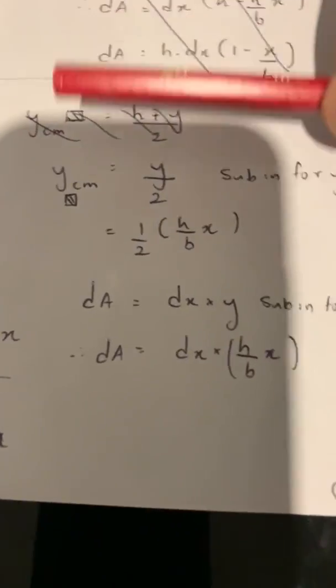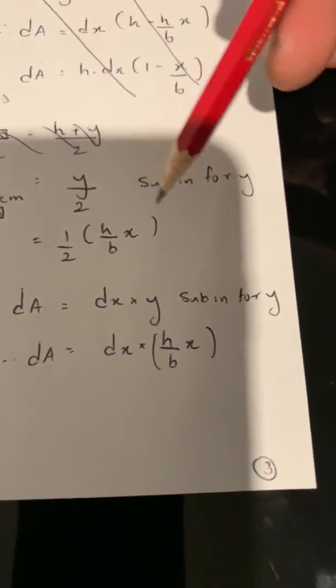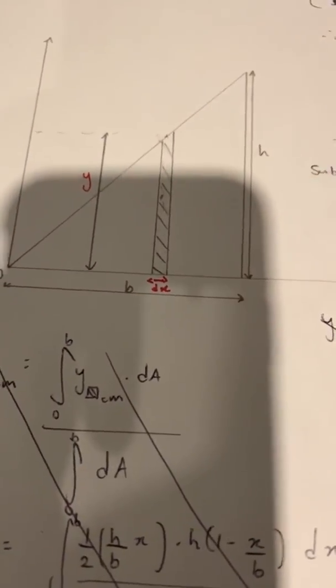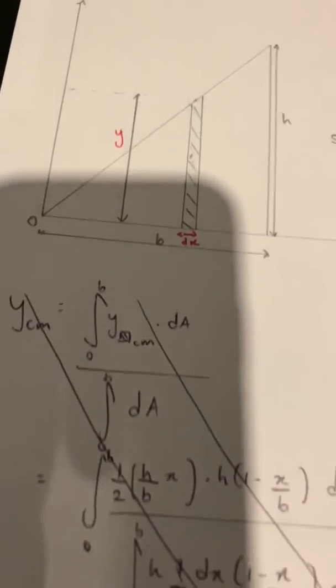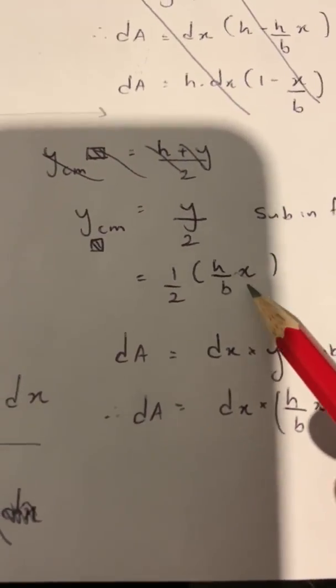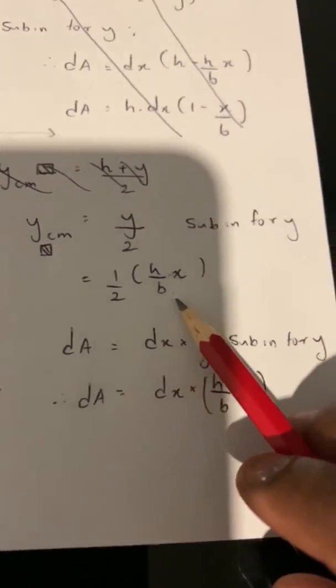So what I did is sub in the value for y from that function we found. It's the same graph. Rise over run, we got h on b x, y equals, so we can say x equals b on h y. But we want the value for y, so sub in h on b x.